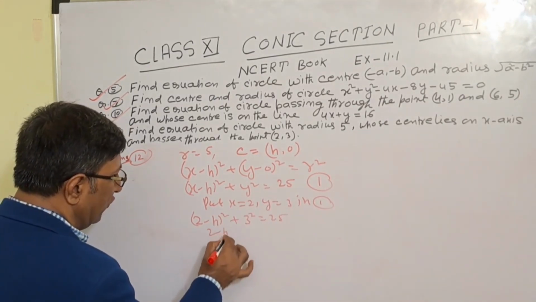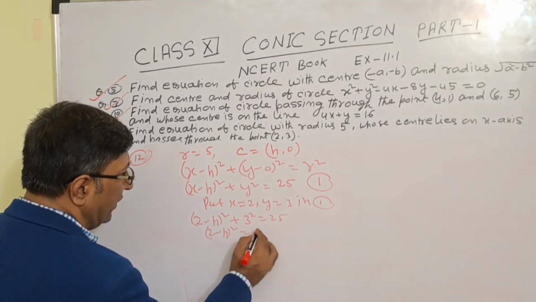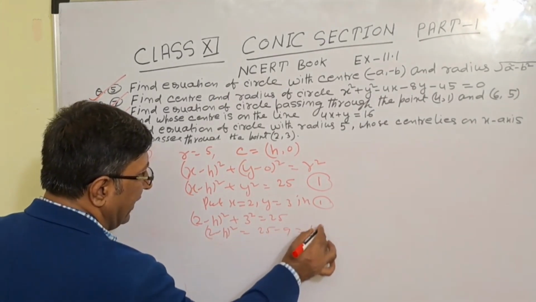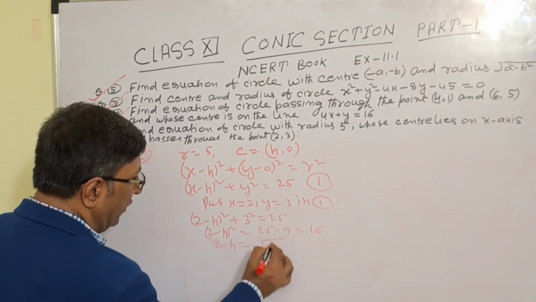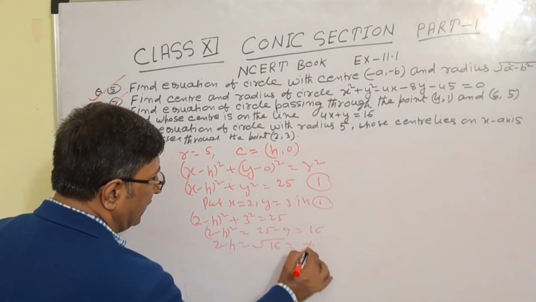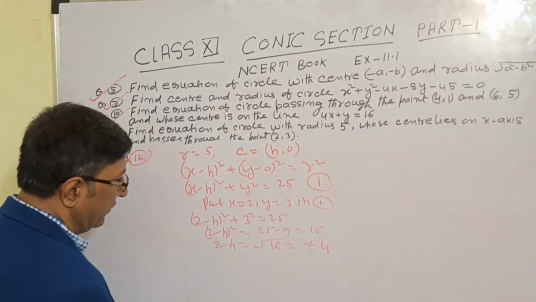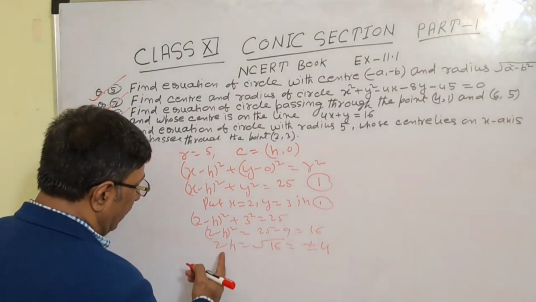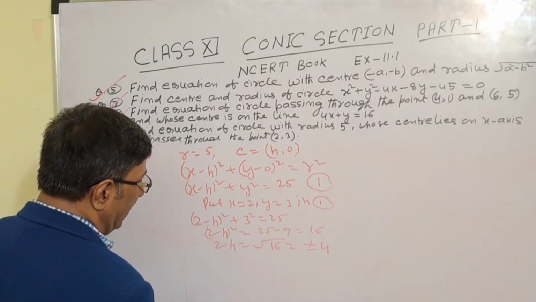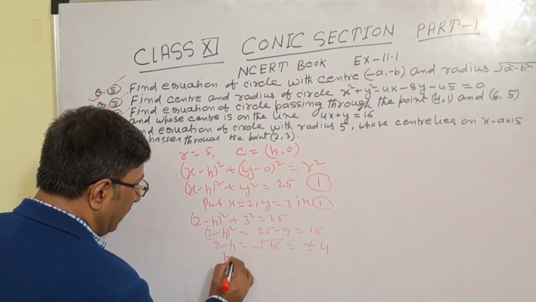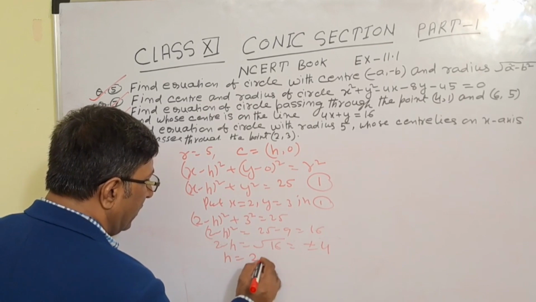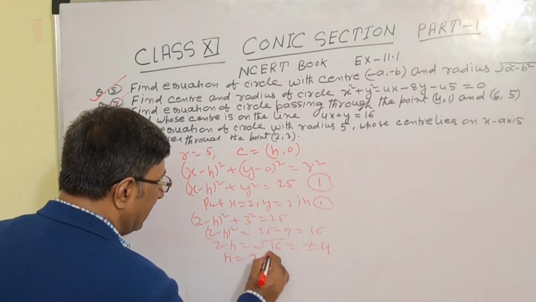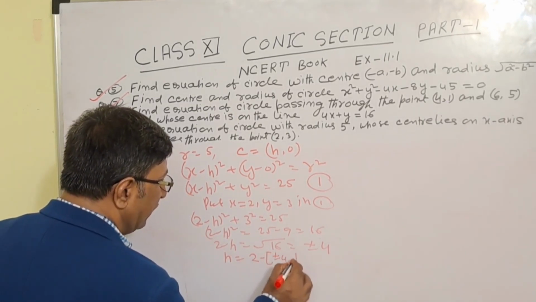So this is (2 minus h) whole square equal to 25 minus 9, that is 16. So 2 minus h equal to root 16. Root 16 means plus minus 4, right? So 2 minus h equal to plus minus 4. So h equal to 2 minus plus minus 4.